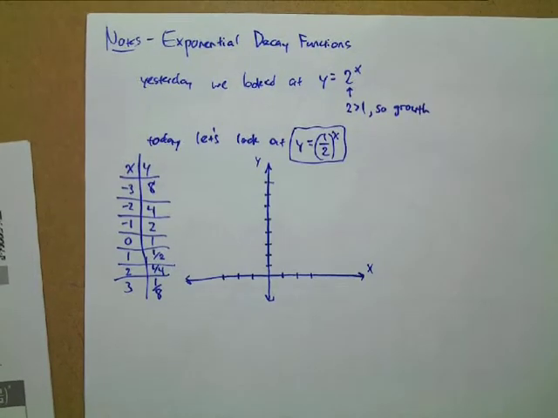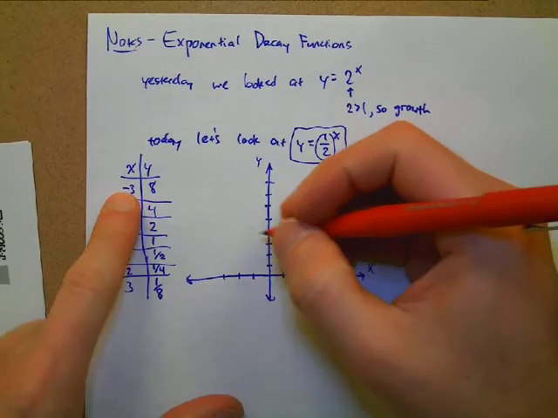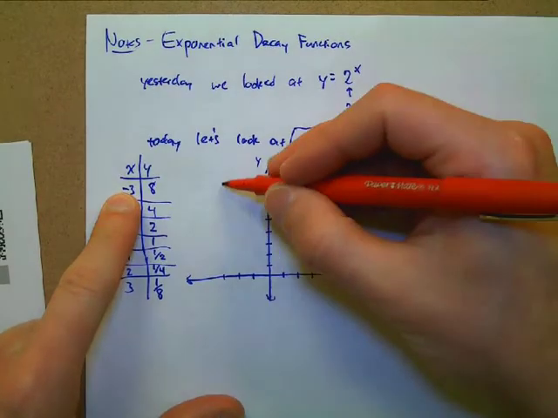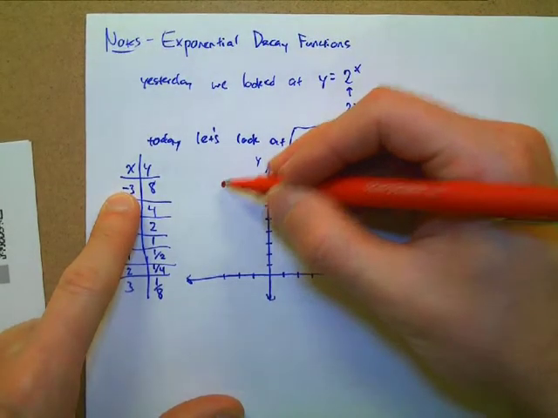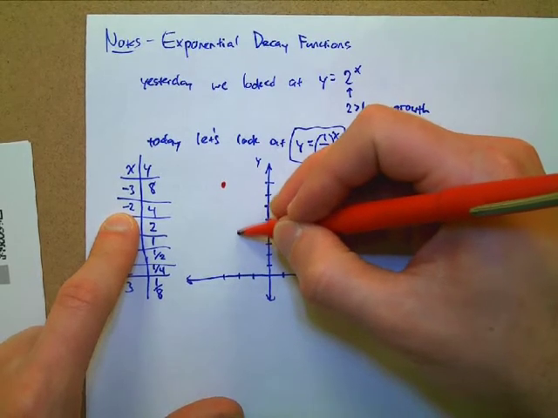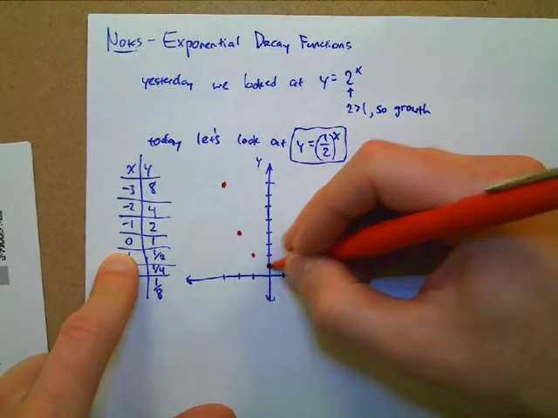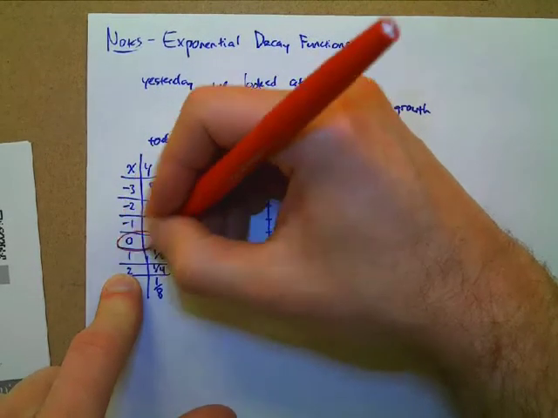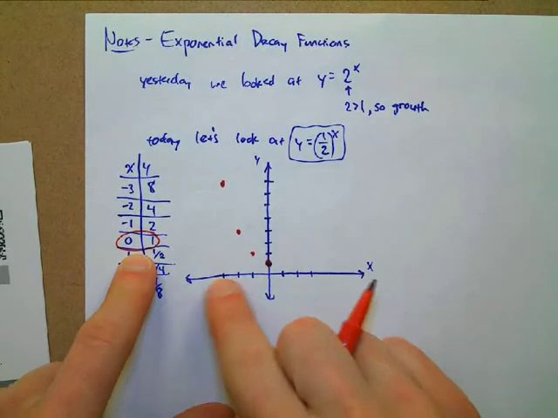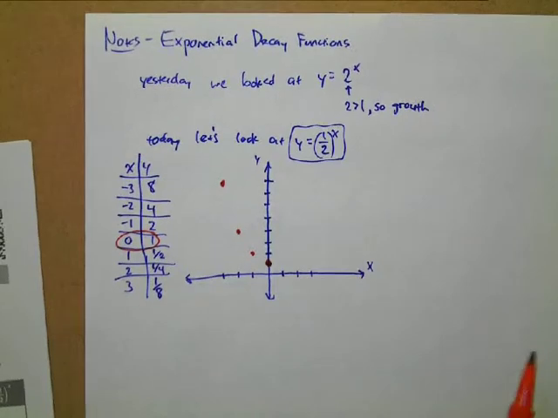I'll put this in red so it stands out. So -3, 8. -2, 4. -1, 2. 0, 1. And again, CJ, just to re-emphasize, there's that 0, 1 y-intercept showing up here. Regardless of whatever our parent function is, whatever the base is, for the parent function without any other transformations, you'll have 0, 1.